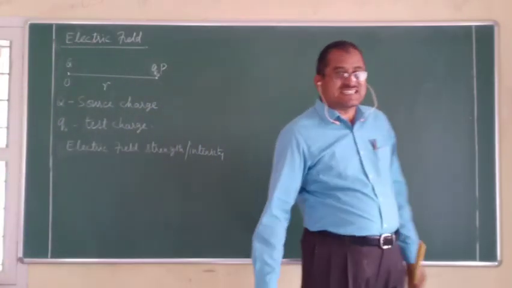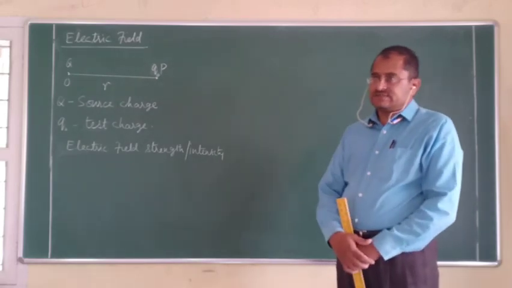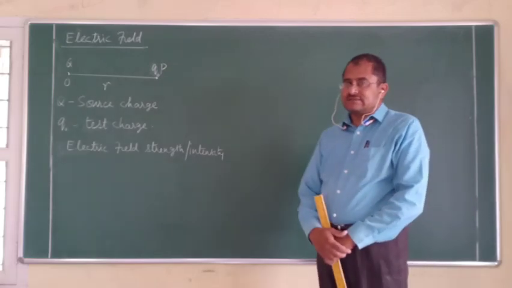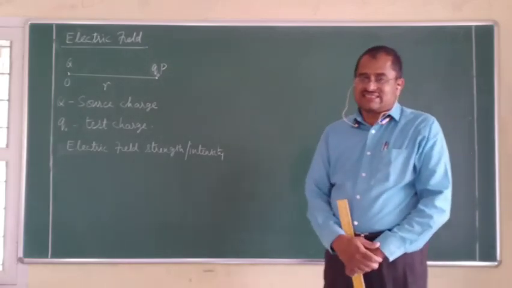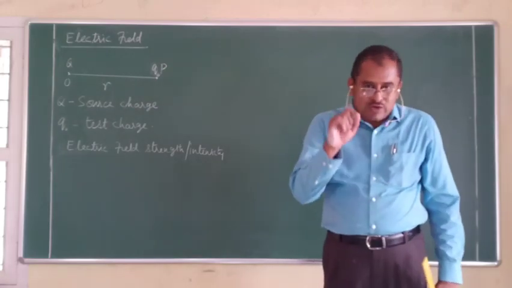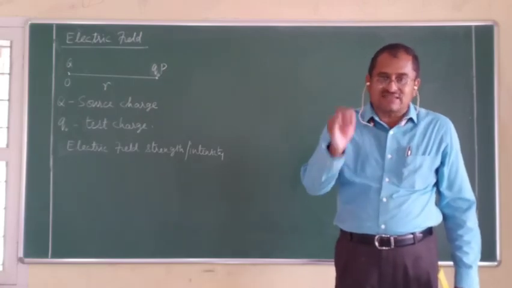Electric field intensity at a point in an electrostatic field is defined as the force experienced when a unit positive charge is placed at that point.